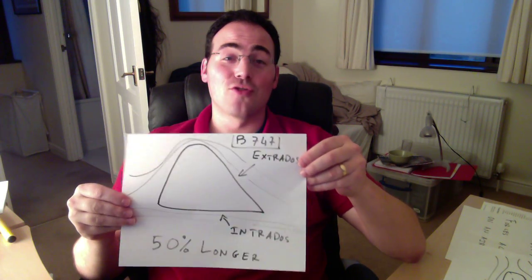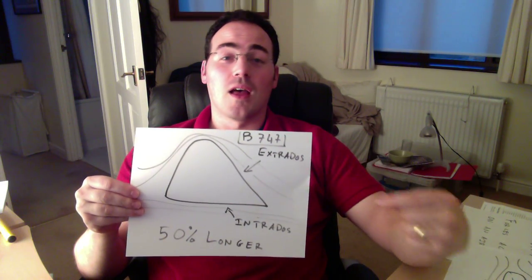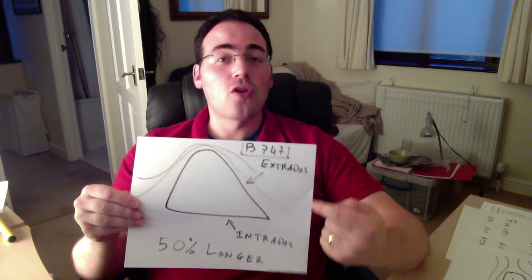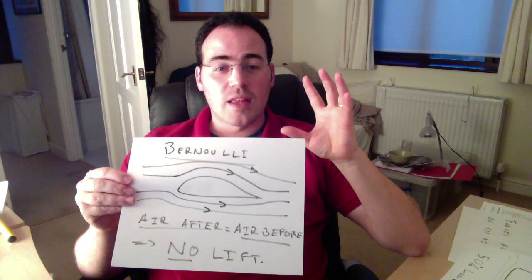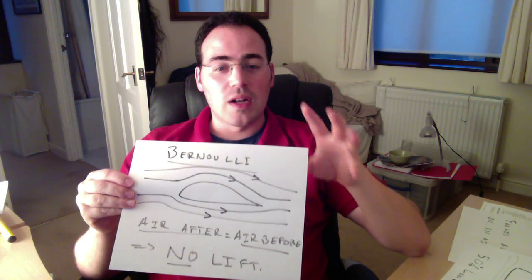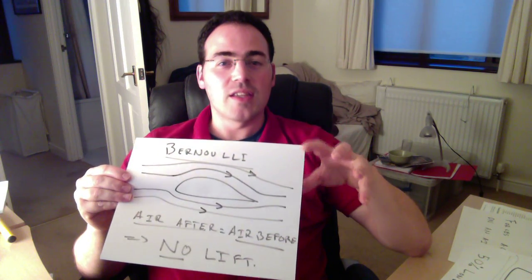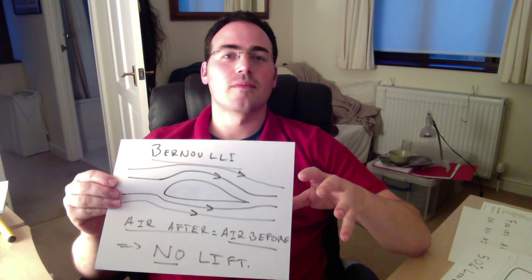You need an extrados which is 50% longer than the intrados. And believe me, Boeing 747 wings don't look like that. So the problem with Bernoulli is that there is no lift created actually using this way. This is just not the way it works.